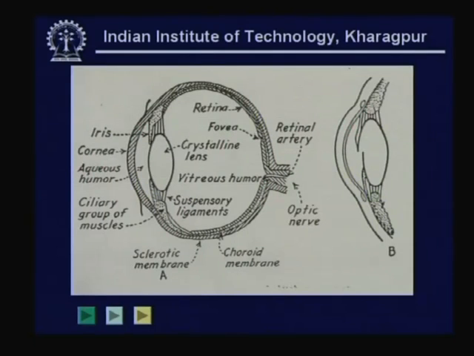You may see the nerve connecting the retina to the brain shown in the picture, which is known as the optic nerve. Although the figure shows many other muscular membranes and groups of muscles, for our understanding it is not important to know all these things, but suffice it to say the three components of importance as far as we are concerned are the iris, the lens and the retina.